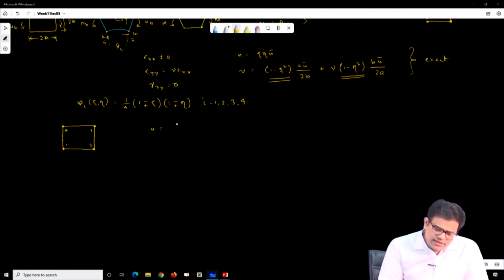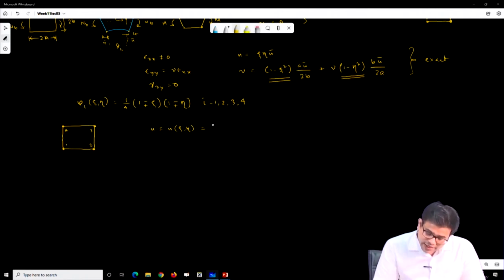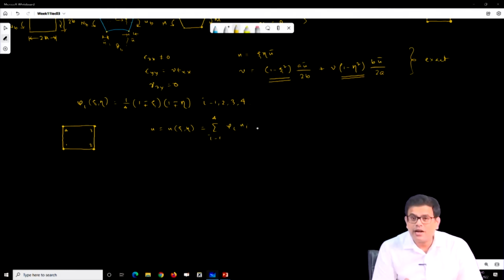So u, I am writing u in the xi eta coordinate only, as a summation, because we have already studied these. So I equals 1 to 4, phi I ui. This is my standard approximation.